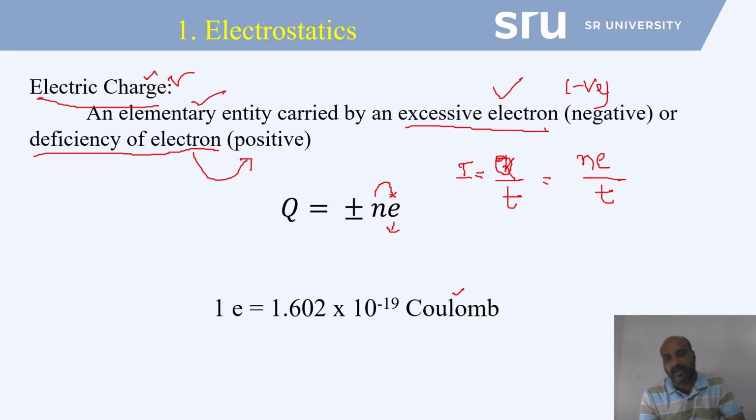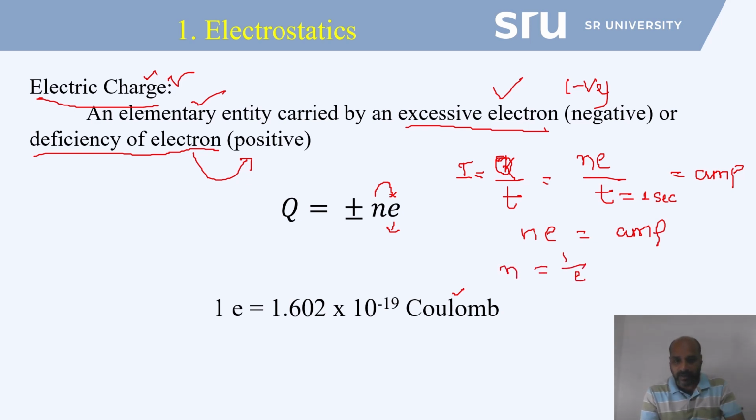And as per the definition, it is per unit time, so we will take this unit time as 1 second. This is equal to what? 1 ampere, right? So now we can write the equation: number of electrons times e is equal to 1 ampere. So now we'll calculate the n number, which is 1 by e.